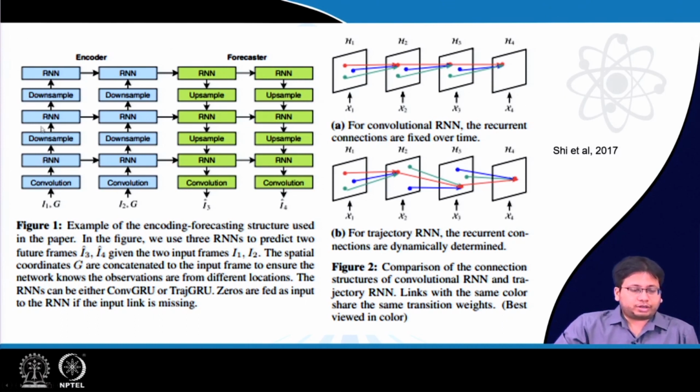These RNNs might be LSTMs or other sequential units used in machine learning, such as GRU, gated recurrent units. I will explain to you in a bit what this GRU is all about. But as you can see, there are multiple stacks of RNNs.